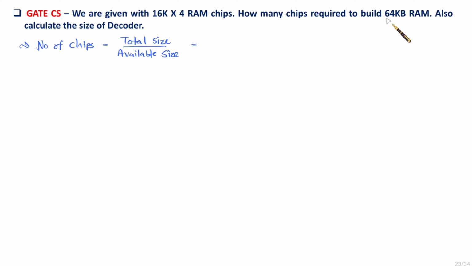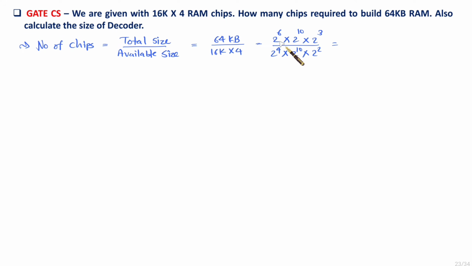Total size is 64 KB and available size is 16K cross 4. So if you observe, 64 means 2 to the power 6, K means 2 to the power 10, B means 2 to the power 3, divided by 16 means 2 to the power 4, K means 2 to the power 10, cross 4 means 2 to the power 2.